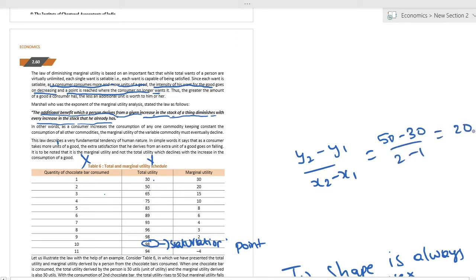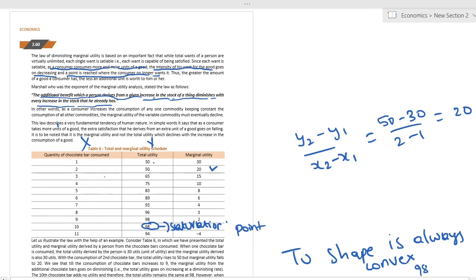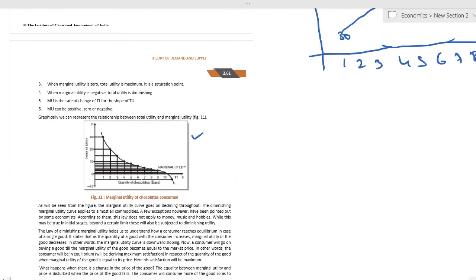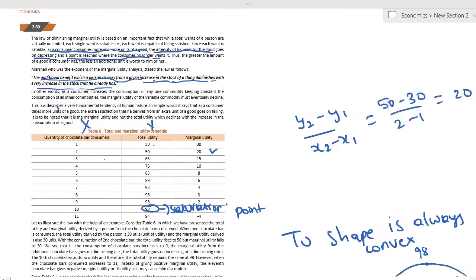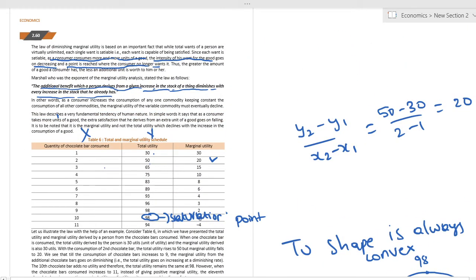It will be 20. So 20 is the marginal utility. So can we say that marginal utility is the slope of the total utility curve? Yes. That's the reason MU is the rate of change of TU or slope of TU. Marginal utility can be positive, 0 or negative. We have seen that it has been positive. After some time it became 0 at the saturation point, and after that it became negative. That's all.